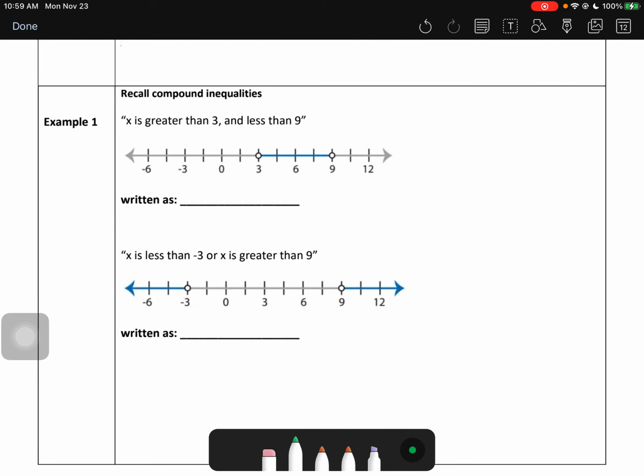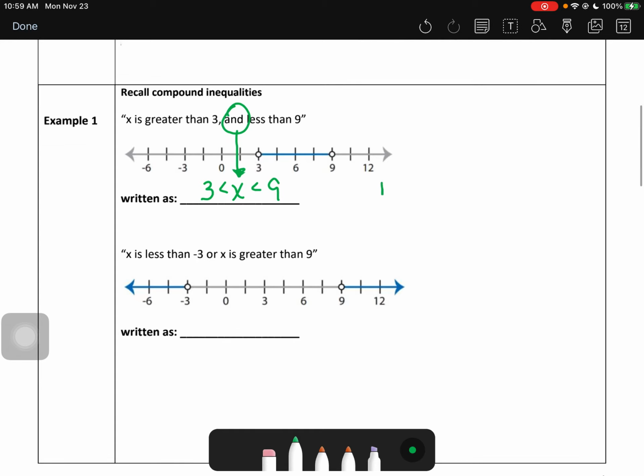So recall that compound inequalities can be the word and or the word or. So this one can be written as 3 is less than x, because x is bigger, which is less than 9. The and puts the variable in the middle with our 2 values on either side and our symbols, and the symbols must face the same direction.